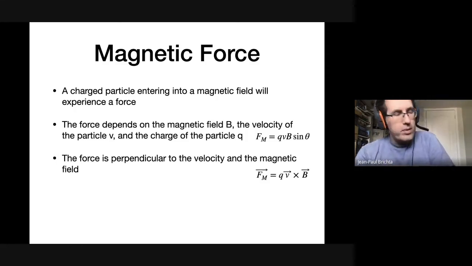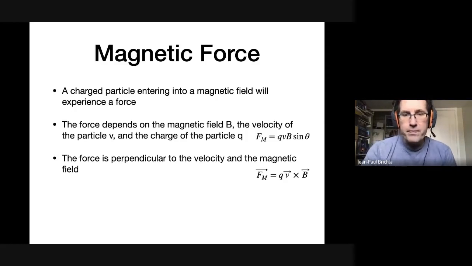So this comes out as a cross product. The idea here is we're looking for a cross product between the velocity vector and the magnetic field vector.